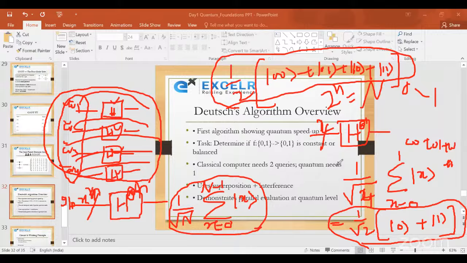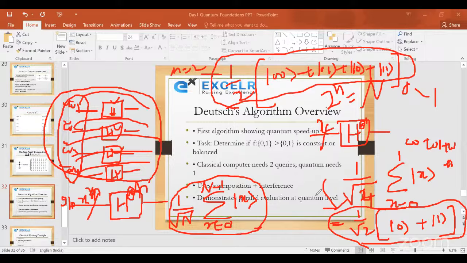So this concept, quantum parallelism, for example, we have taken all the inputs in parallel.